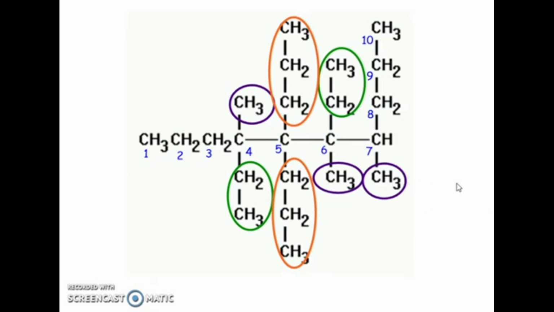And alphabetical order. So ethyl is going to come first, which is the 2 carbon chains. One off of carbon 5, one off of carbon 6.